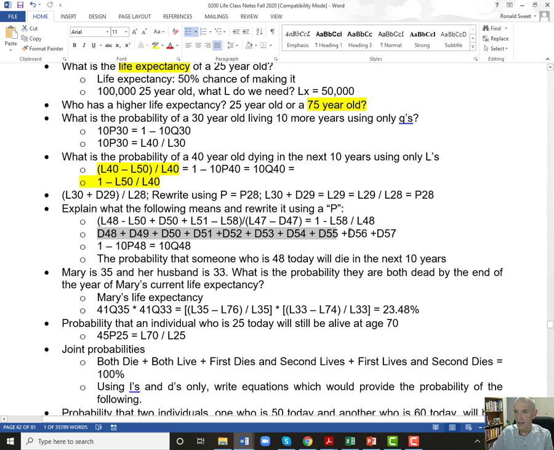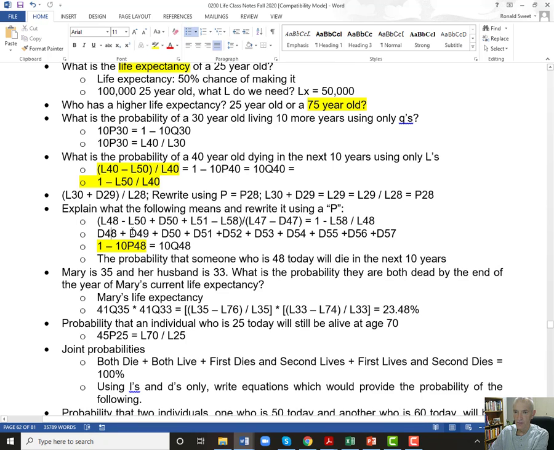So we're looking at people who are 48 today. What's the probability of them dying before their 58th birthday? We could say the probability of their living is L58 over L48, but if we take 1 minus that, then you get the equation. So really the answer here is 1 minus 10p48.